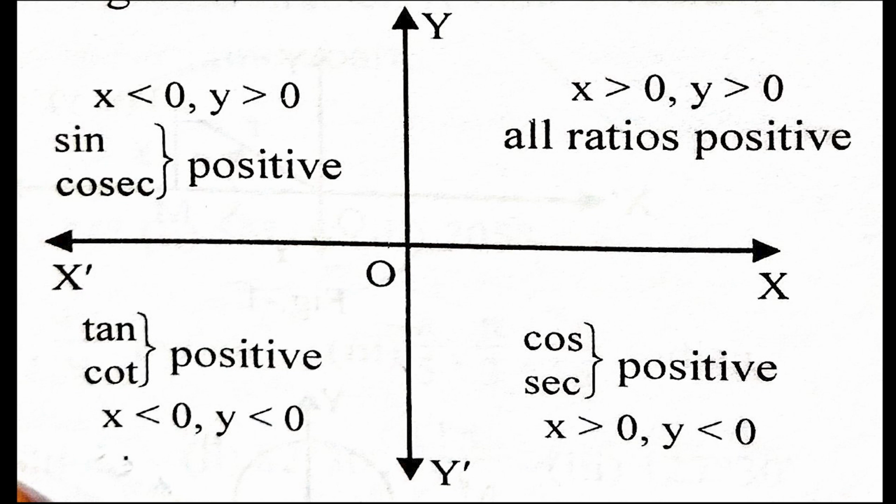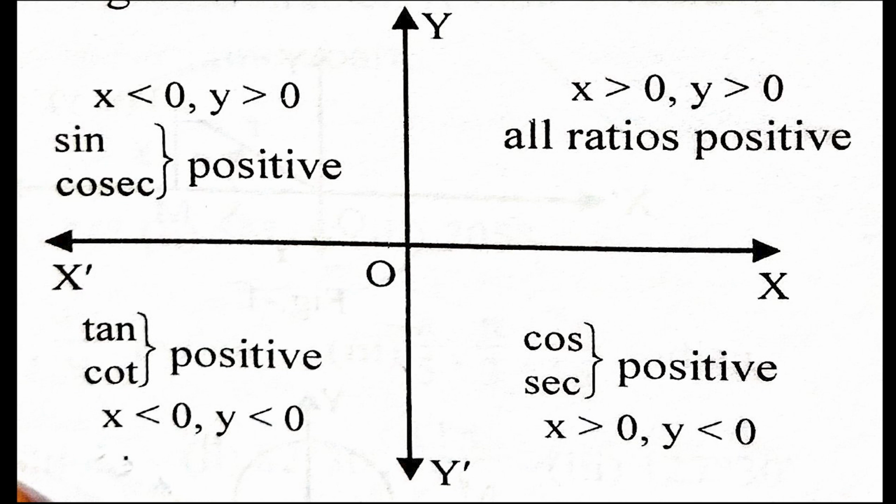Since here x is positive, r is positive, and y is also positive. In second quadrant, only sine and cosec are positive, and all other ratios are negative. In third quadrant, tan, cot positive, others are negative. In fourth quadrant, cos and sec are positive, others are negative.